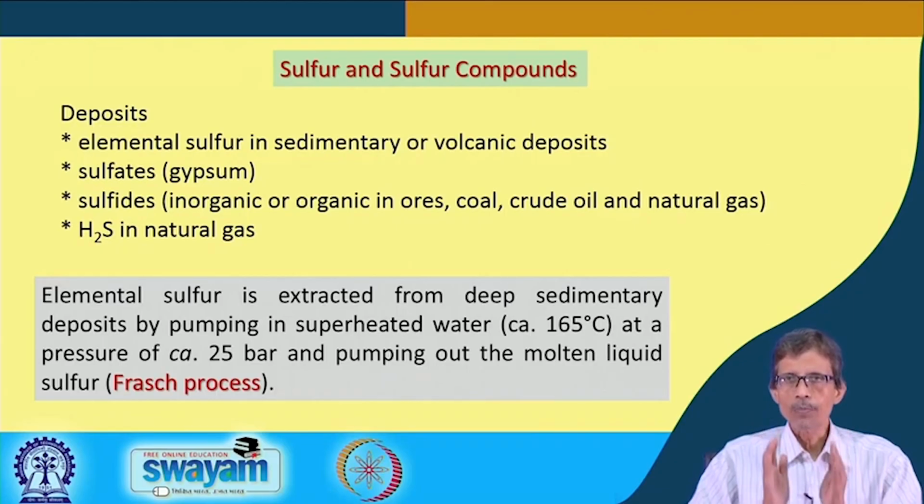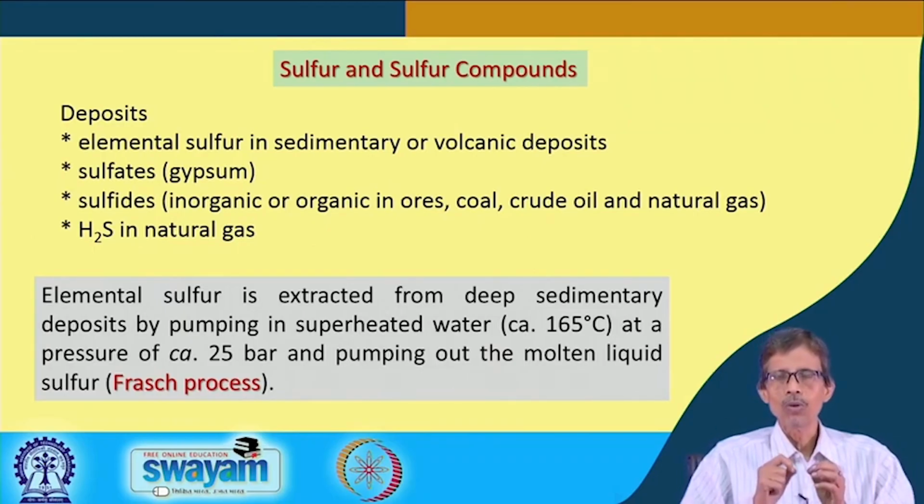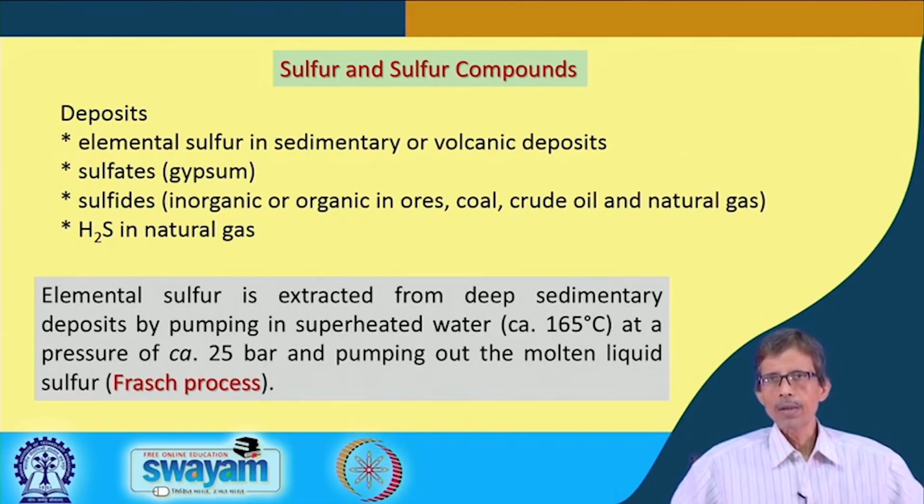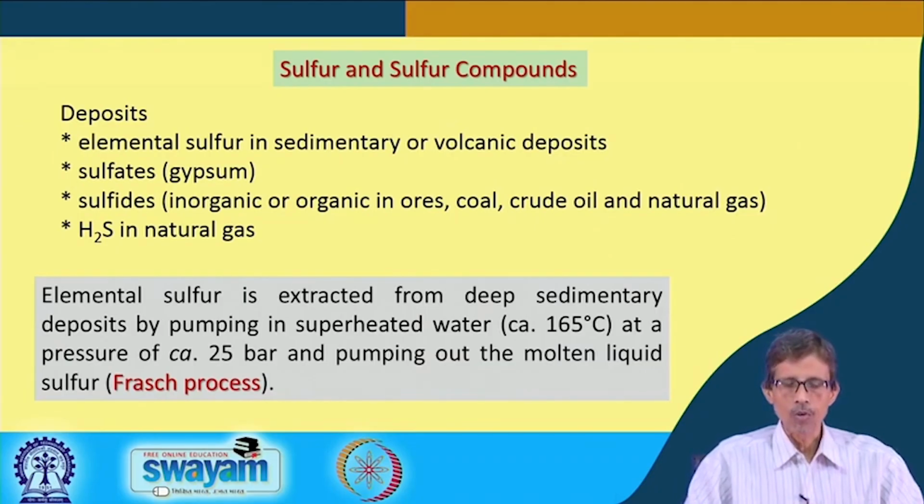From the deposit we take advantage of the melting of sulfur, which depends on the melting point of sulfur, which we should definitely know. At a particular condition of high pressure and high temperature, you get the melt of that sulfur. In that level it is in the molten condition, and the water we are supplying is also generating some pressure.